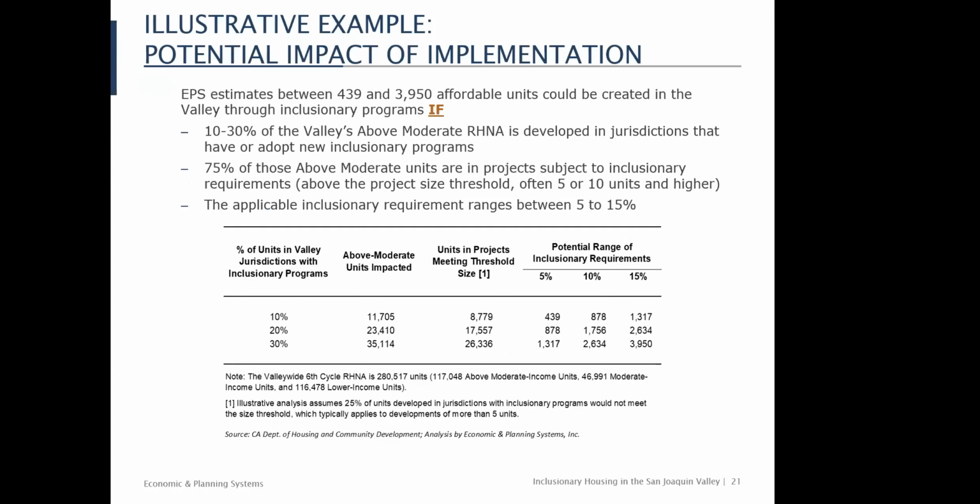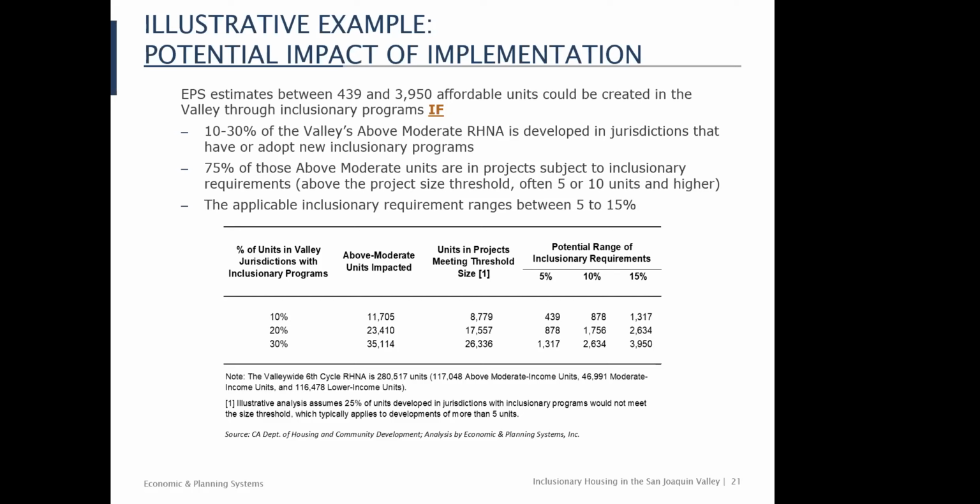We also went through a very, very high level thought exercise to try to estimate the potential impact that inclusionary programs could have valley-wide. So we evaluated the valley-wide RHNA, the Regional Housing Needs Allocation, focusing on the above moderate allocation. We were focused on above moderate, at least initially, because these are the market rate projects that the inclusionary requirements would apply to.